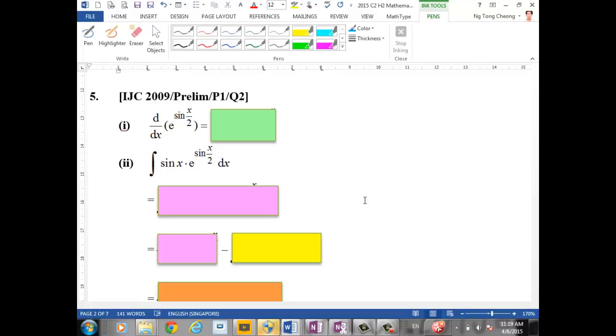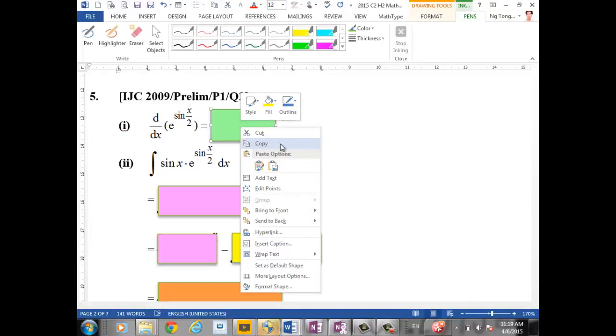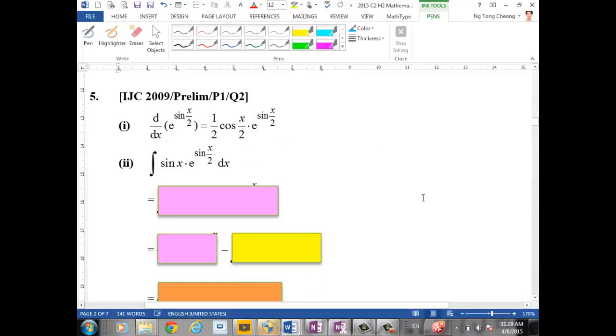Sine x over 2, yes, okay. Times cosine x over 2, correct. Okay, that's good, right? So make sure you recall the use of your chain rule, right? You differentiate your exponential term, you still get exponential, but then make sure you differentiate your power. So when you differentiate sine x over 2, you get half cosine x over 2.